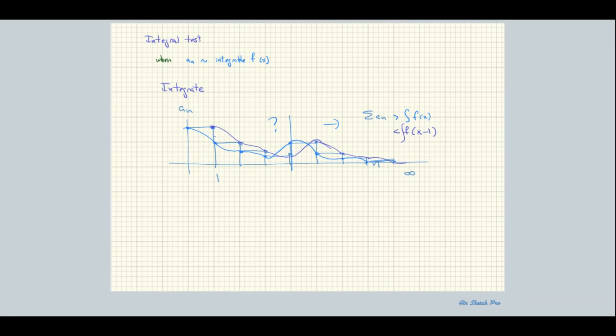In either case, because these are going to be off by a constant, I'll see that the one has to fall inside the other. And what that ends up giving me is this nice relationship, where the integral of f is less than the sum of a sub n, which is less than the integral of f where I've shifted it.